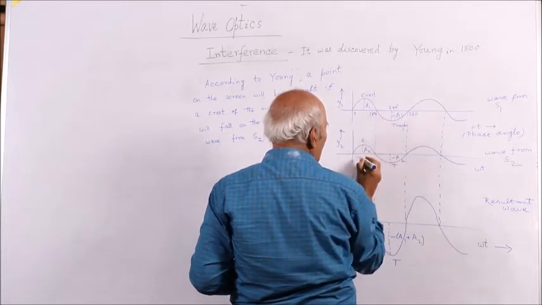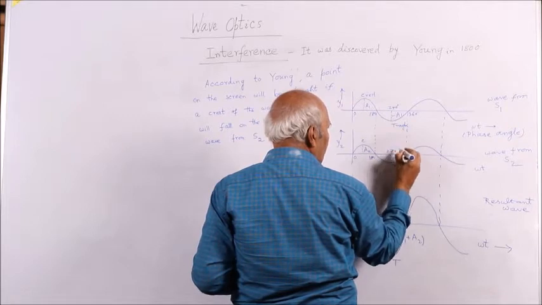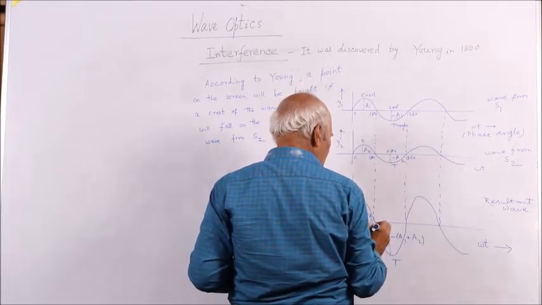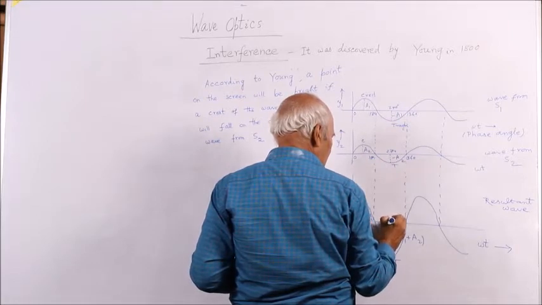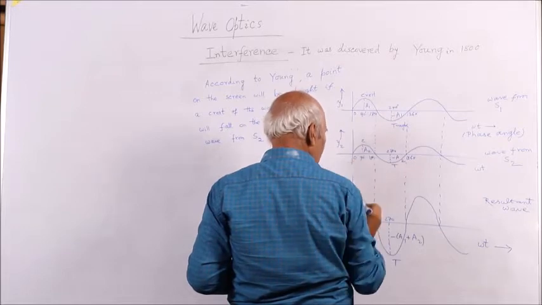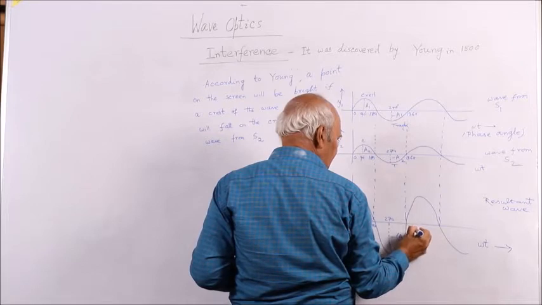270 degree, 0, 180, 270, then 360, 0, 180, 270, this is 90 degree, then 360 degree.